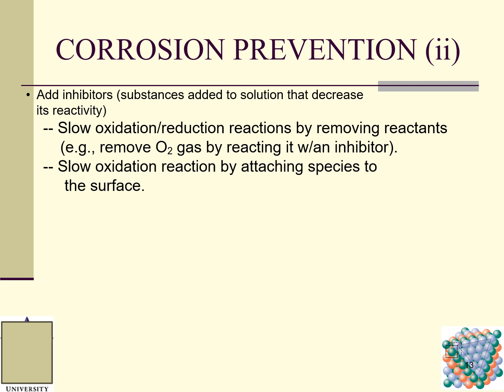If this is oxygen gas and it reacts with the added inhibitors, then we will not have oxygen. Well, I should not say not have. We will minimize the level of oxygen that can react with our material. The second one is to slow the oxidation reaction by attaching species to the surface. So this is another way to stop oxygen from reaching our material.